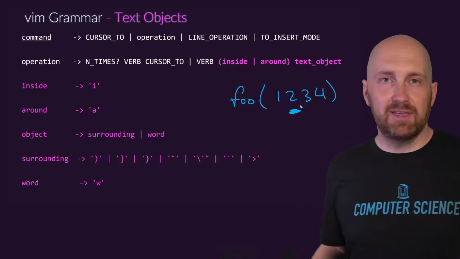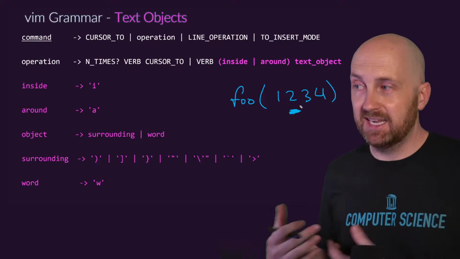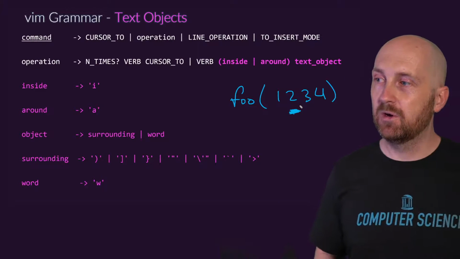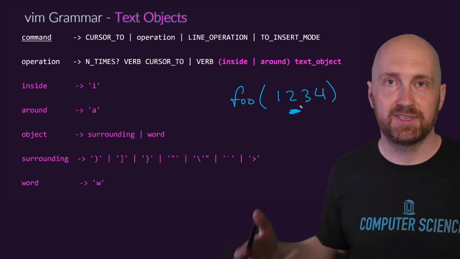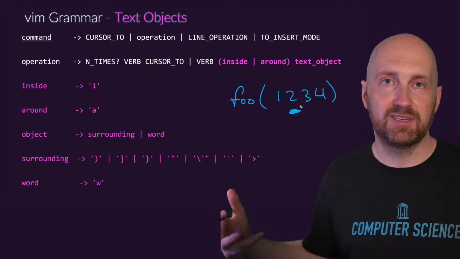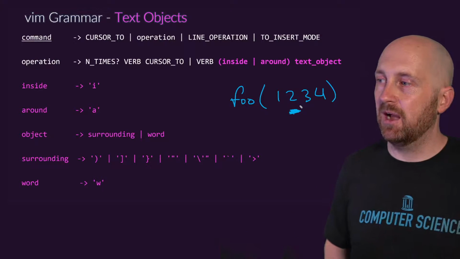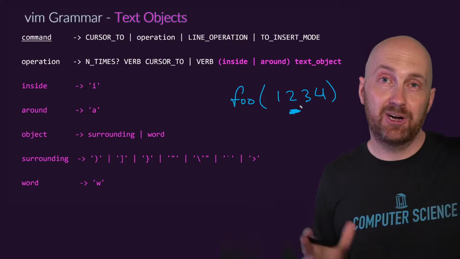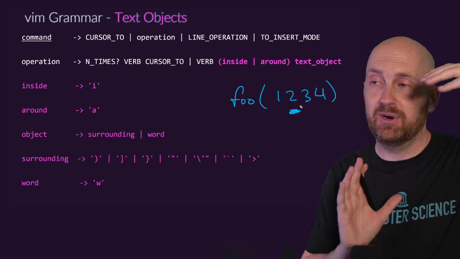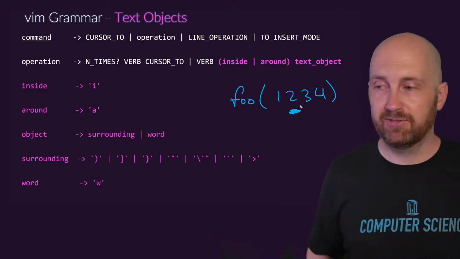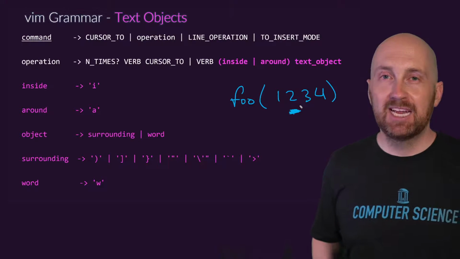Commonly, you'll want to change everything that's inside of those parentheses, or change everything including the parentheses and get rid of the parentheses and everything inside of it. Or you might want to do this with an entire set of statements in curly braces. There might be multiple lines inside of curly braces that you want to get rid of.